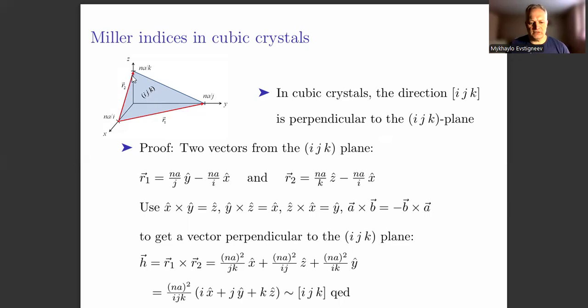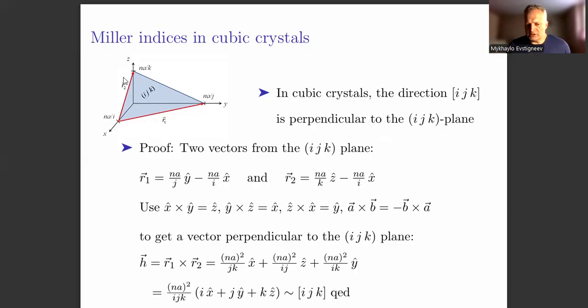And let's say you have a plane with the Miller indices i, j, k. By construction of the Miller indices for a plane, this plane intersects the coordinate axes at positions which are inversely proportional to the Miller indices. So 1 over i, 1 over j, 1 over k.